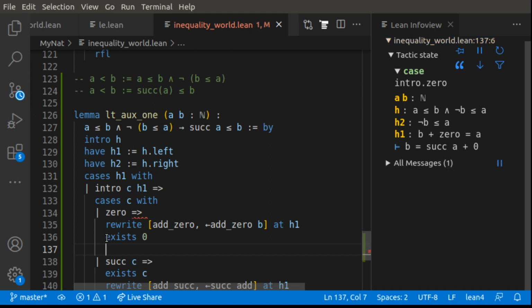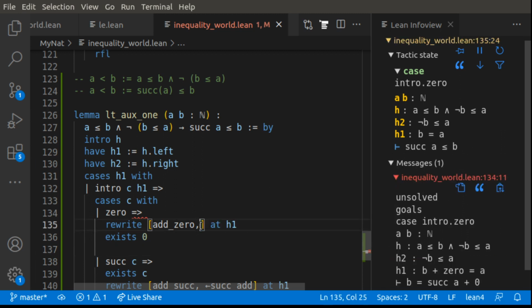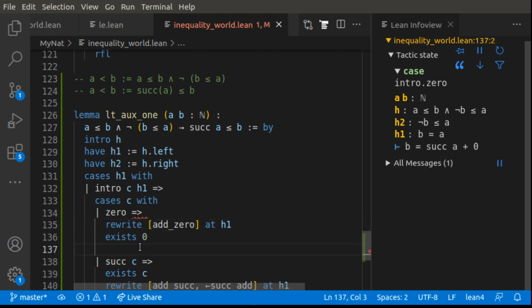B equals successor of A plus 0. So we have B equals A. Okay, wait. We actually don't need this part. Exists 0. Can we have like... No, we need to use the B less than or equal to A somehow. Because we need the absurd thing.